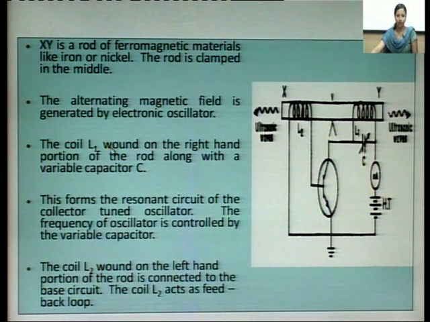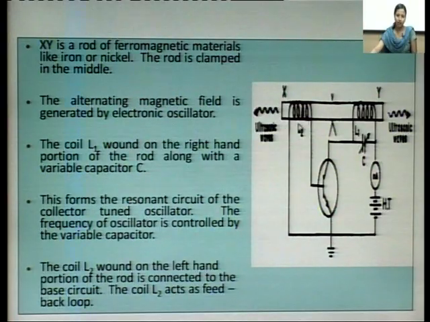The coil L1 is wound on the right hand portion of the rod along with the variable capacitor. This capacitor, with the arrow, is called a variable capacitor, and this forms the resonant circuit of the collector tuned oscillator. The frequency of this oscillator is controlled by the variable capacitor.